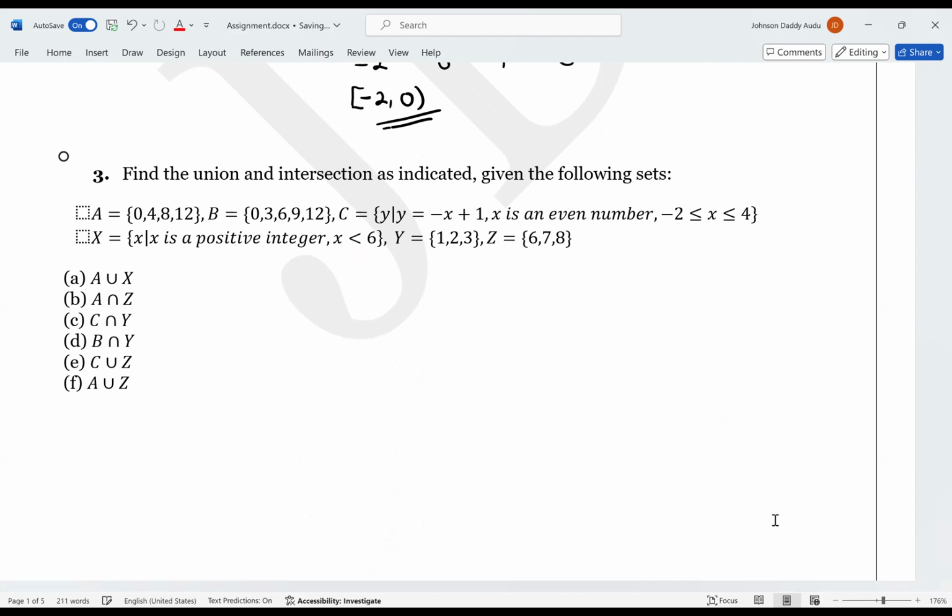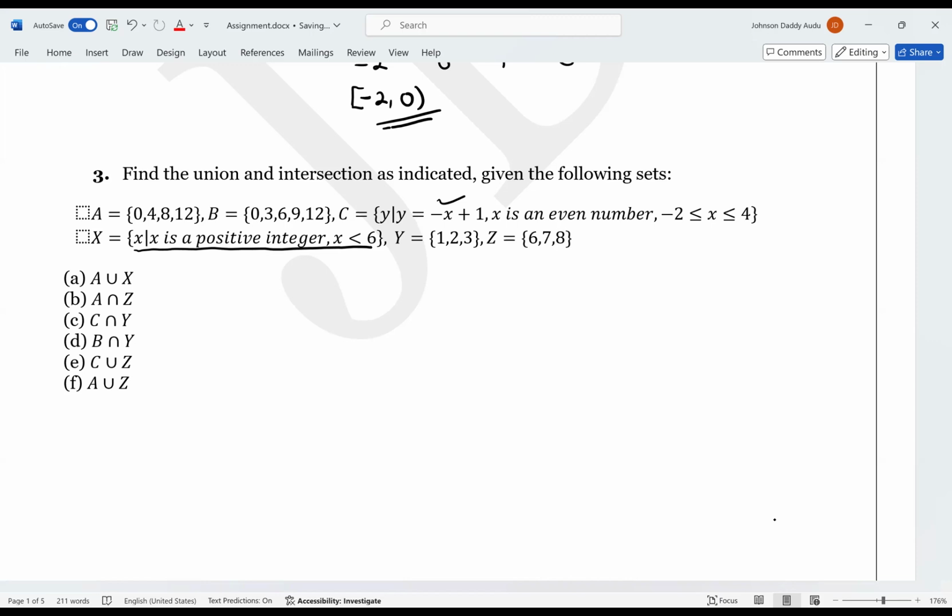For number 3, it's more like just discrete. I think they're all finite sets. So this one is we just list them. We know what is A, we know what is B. So the only thing that we need to rewrite is this one. You see, C and D, they are given using what we call the set builder notation. So you need to be able to write them out correctly, right?